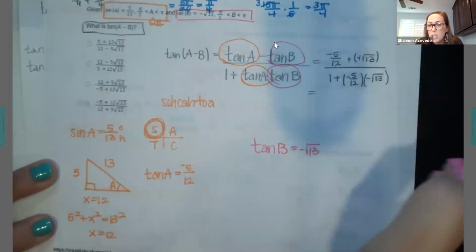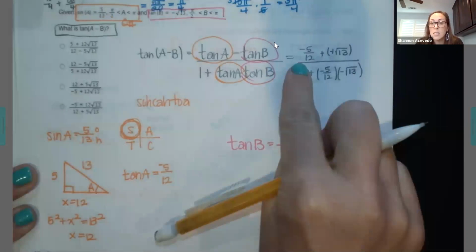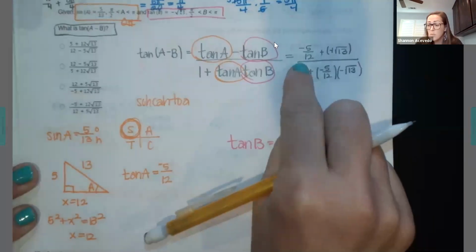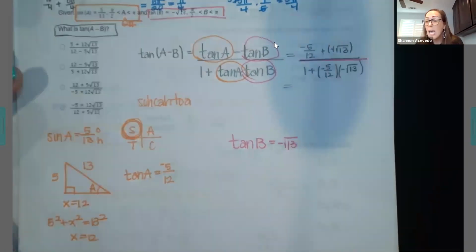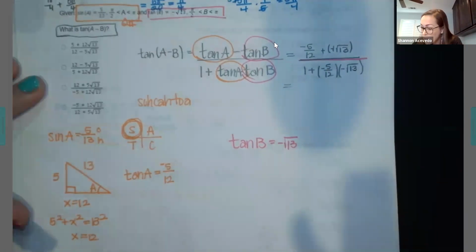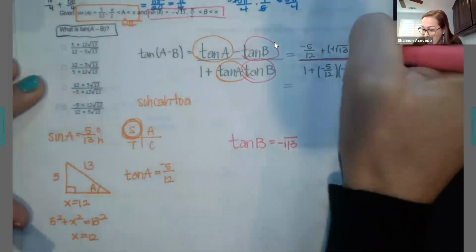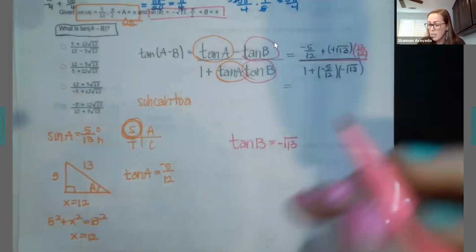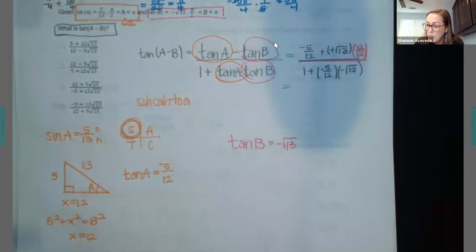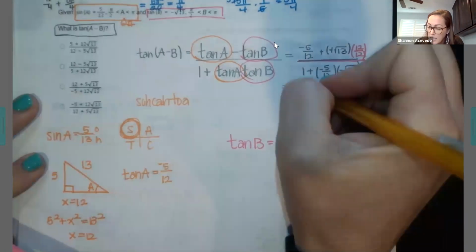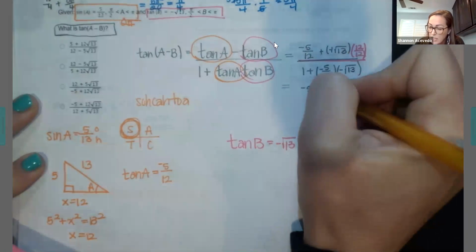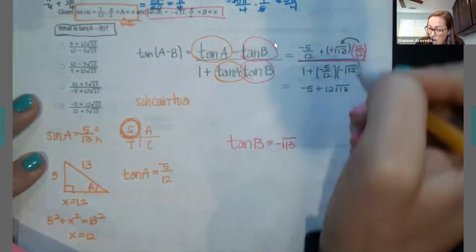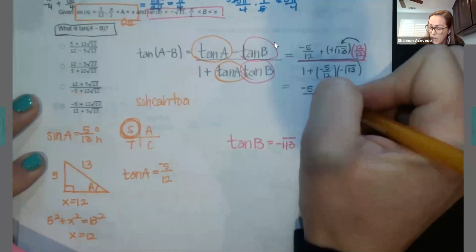Now, this is a fraction with a denominator of 12 and this one doesn't, so I want to get everything in my numerator to have a common denominator. I'm going to multiply this by 12 over 12. When I do that, I get negative 5 plus 12 square root of 13, all over 12.